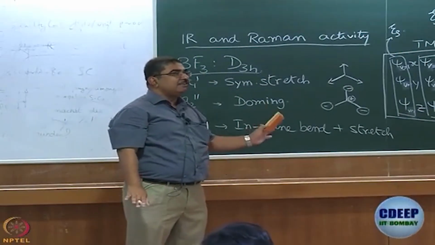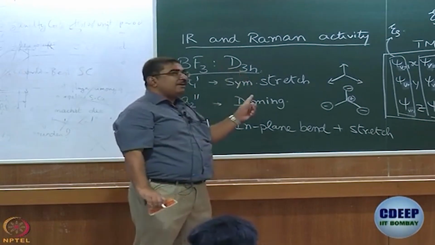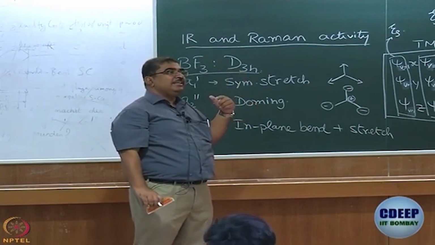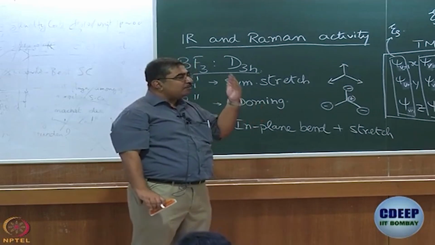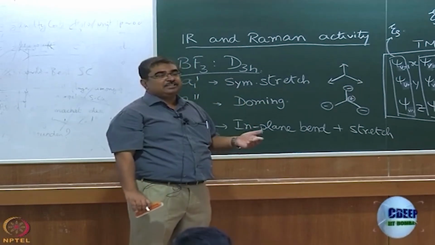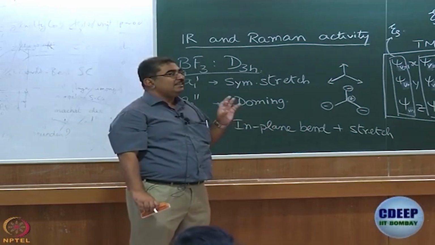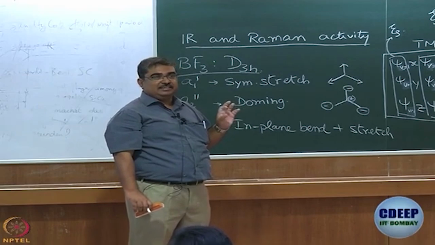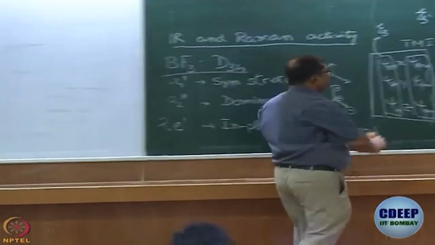So, this is the condition for IR activity, that the direct product of the normal mode of vibration and one of the Cartesian coordinates must contain the totally symmetric representation. Okay. Before we take the examples, we will simplify it a little more.